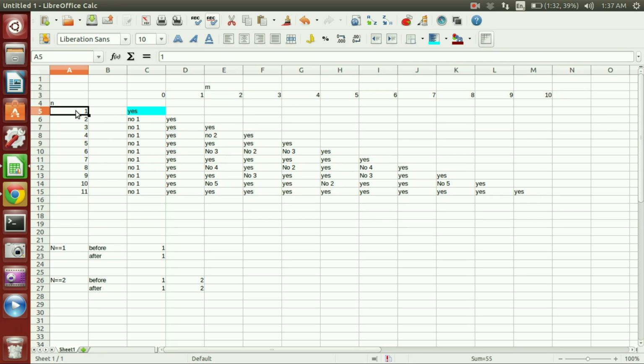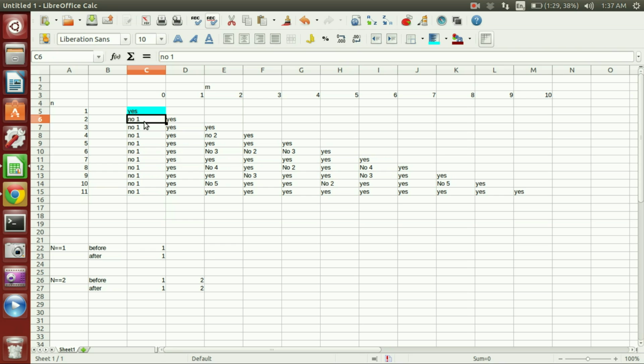For n equal to 1, m is always less than n, so we can have only m as 0. For n equal to 2, we can have m equal to 0 or m equal to 1. Now we are supposed to calculate these values.